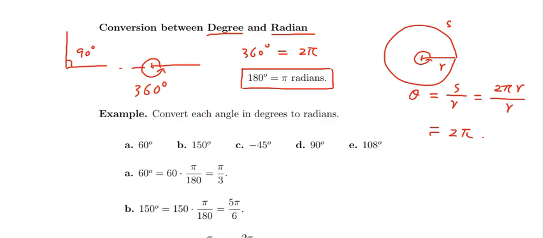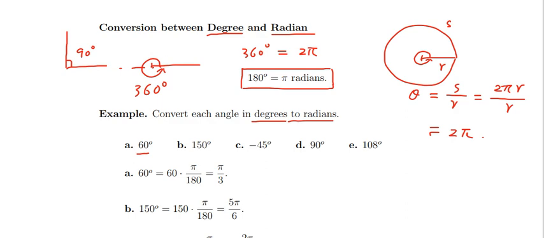So sometimes we use this formula, so we can easily convert from degree to radian and radian to degree. So let's check some examples. Let's say we change 60. We want to change this angle in degrees to radians. Okay, from degree to radian. So 60. I just know 180 is pi, right?